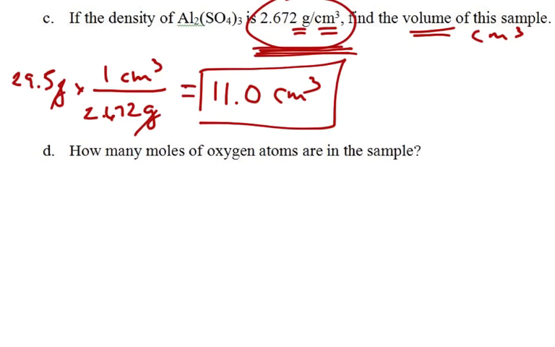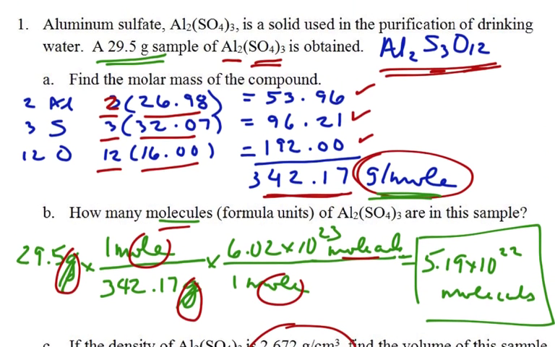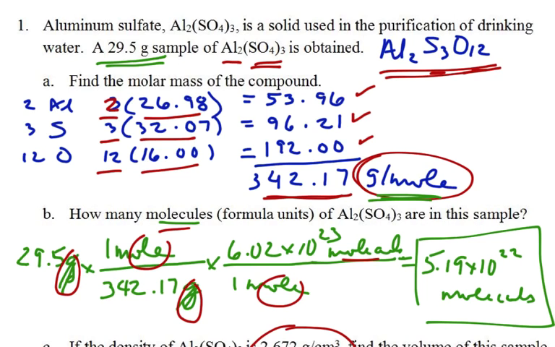Now the last part here: how many moles of oxygen atoms are in the sample? I saw a lot of people do all kinds of odd things like trying to use the mass of oxygen, and that doesn't seem like a reasonable thing, because what I have is 29.5 grams of aluminum sulfate. If I said, okay, well, how many moles of aluminum sulfate do I have?